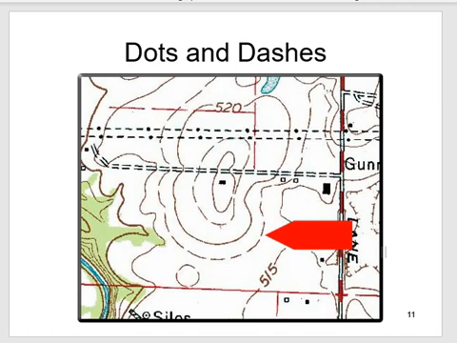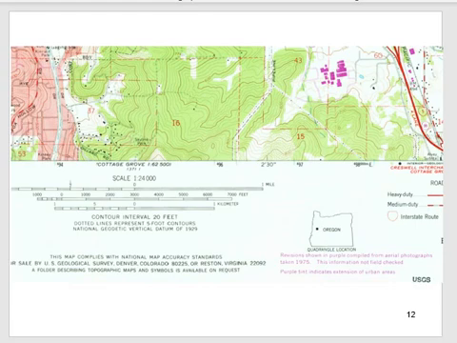All of that information shows up in your map details. This is an example of the Eugene East topographic map, and it says the contour interval is 20 feet, and then there are some dotted lines that indicate a 5-foot contour.